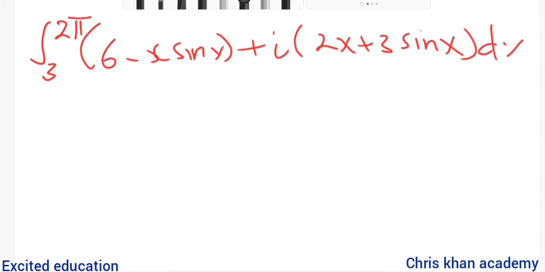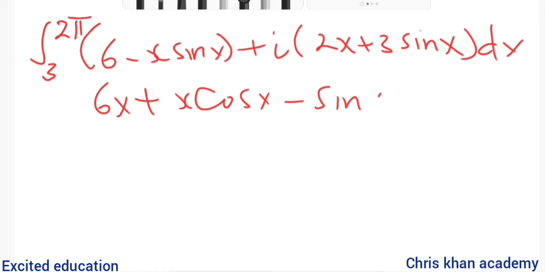So the integration of 6 is 6x, plus the integration of x sin x, which is minus x cosine x plus sine x, with respect to our interval 3 to 2 pi, plus i.